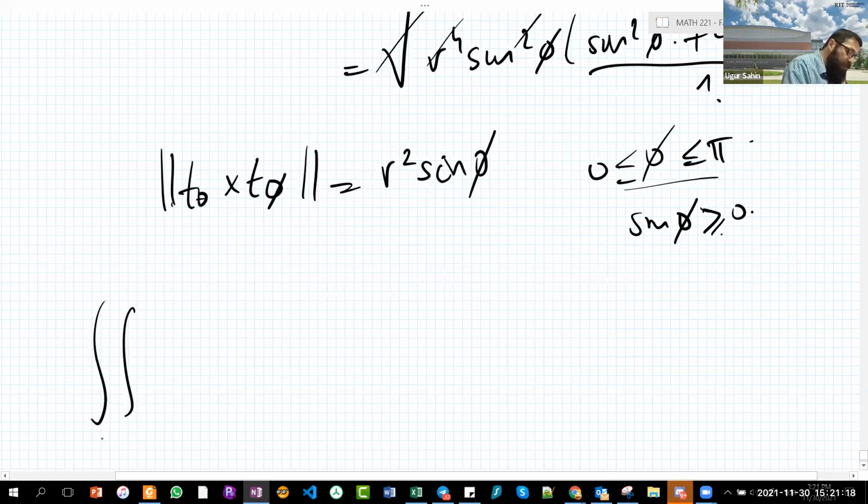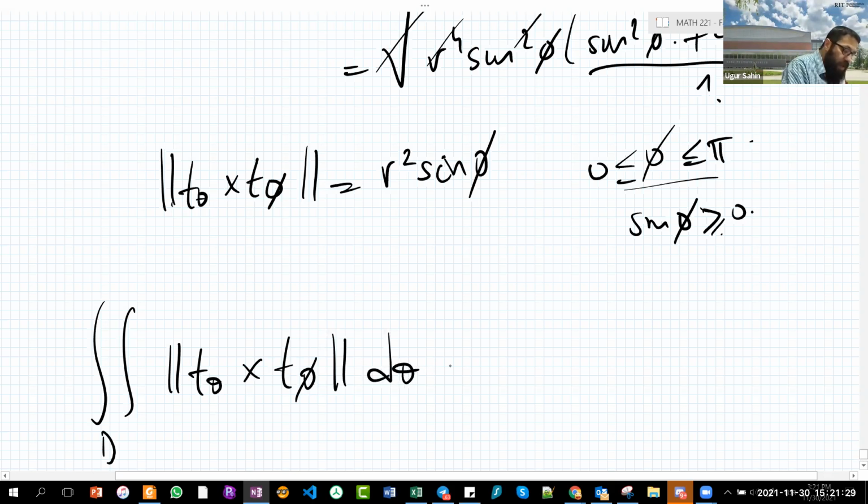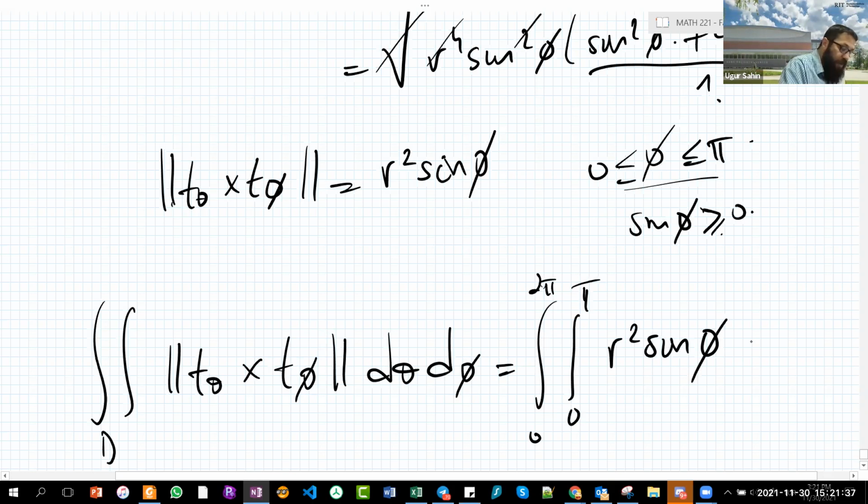The next step is this. The integral with theta from 0 to 2 pi, phi from 0 to pi, r squared sine phi d phi d theta.